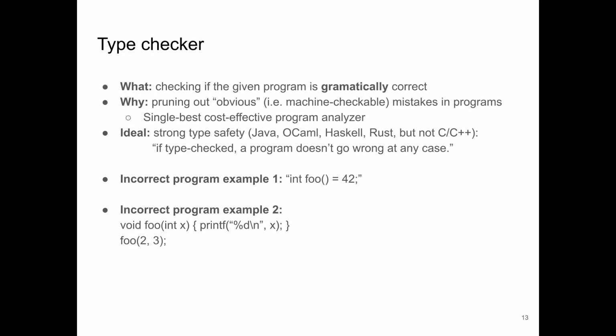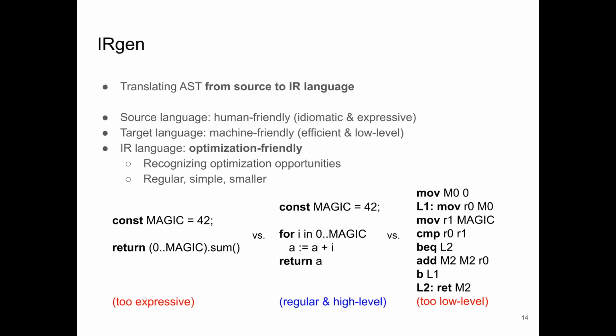So after type checking your program, you're going to translate your C program into intermediate representation, or IR. Recall that the source language is human-friendly, idiomatic and expressive, and the target language is machine-friendly, efficient and low-level.